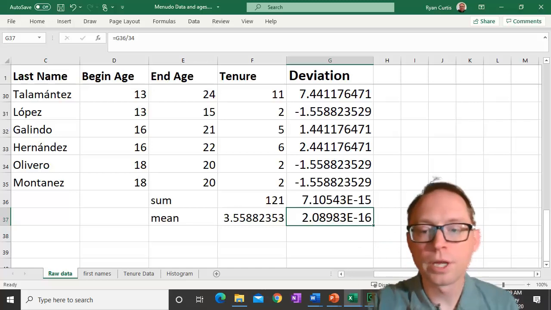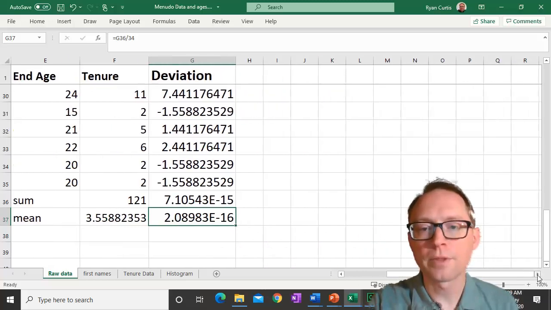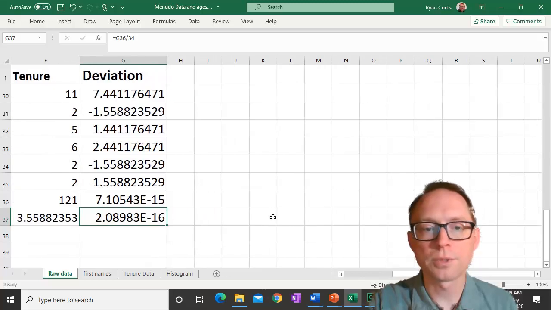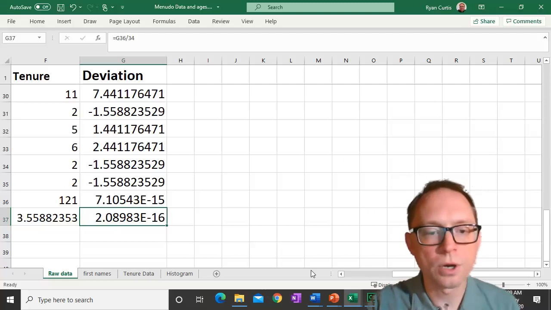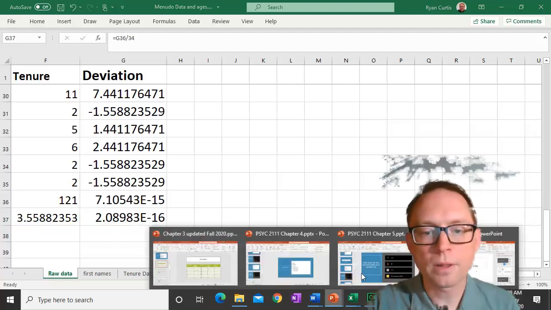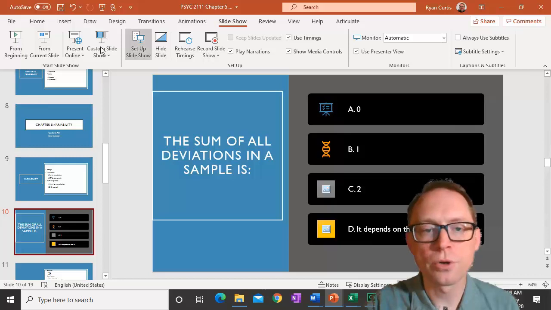So what do we do? Well, we need to talk about the sum of squares. So let's go back to this, and we'll show you the sum of squares.